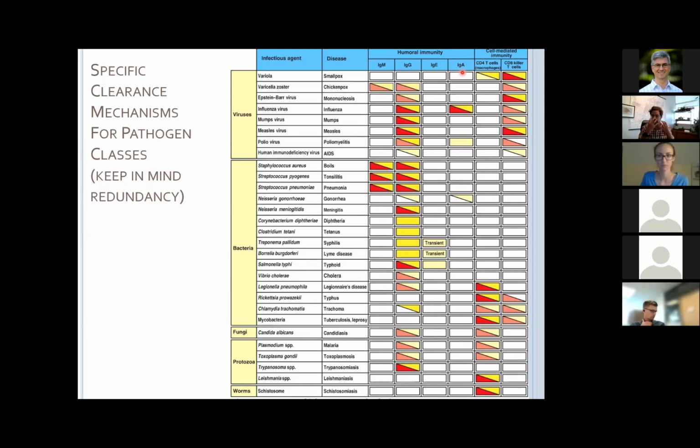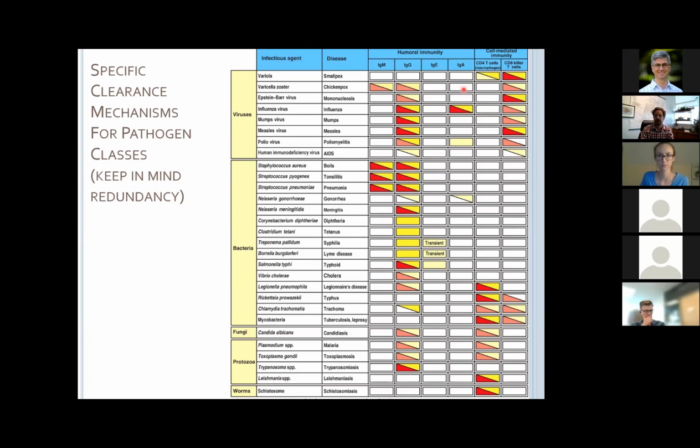So your nose, your gut, your lungs are coated with IgA, and so there's a thought that to block these infections, you really want a lot of IgA. You can show that in some mouse models, but for a number of these pathogens, I think the evidence isn't really there that IgA is super critical.